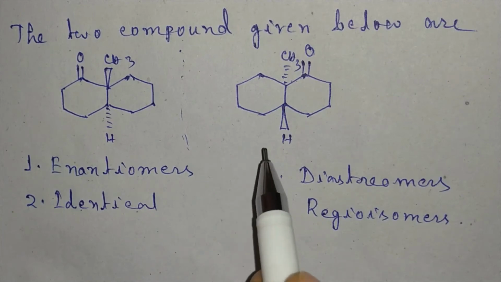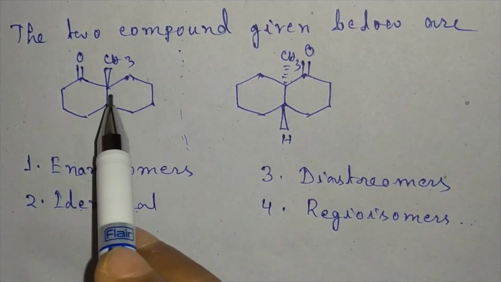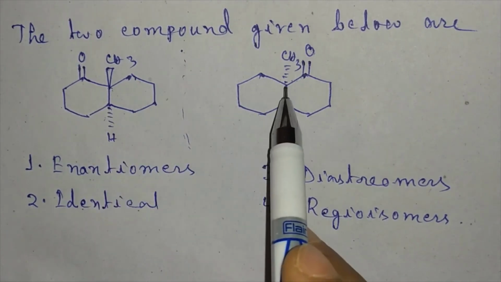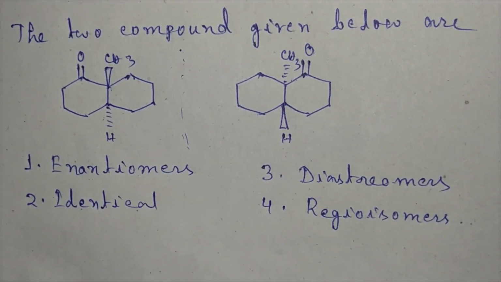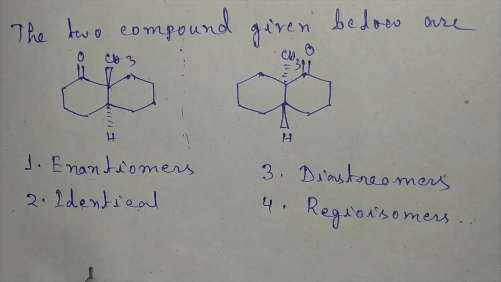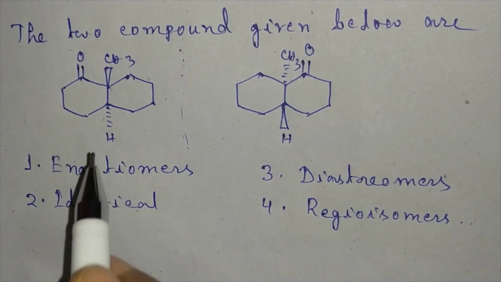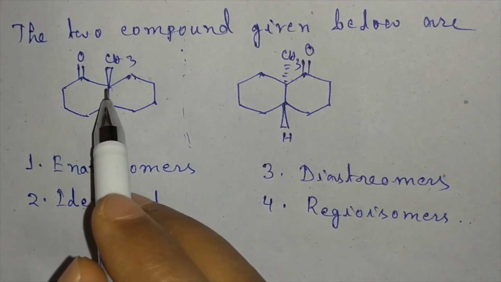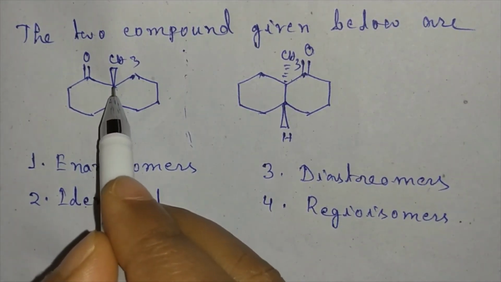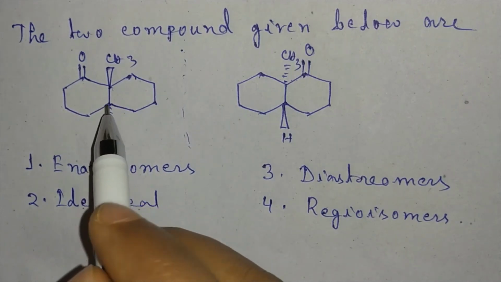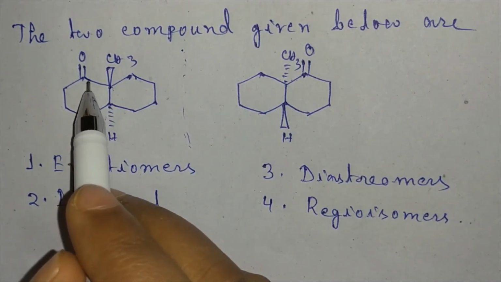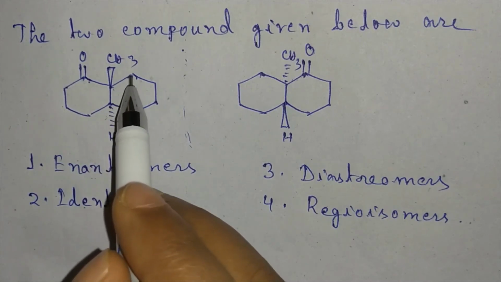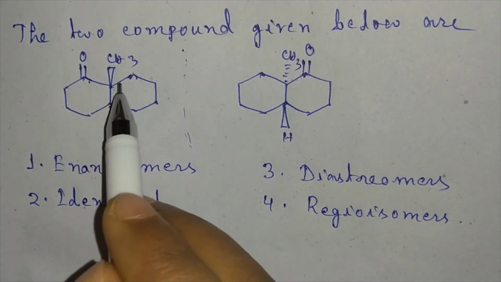It can be confirmed if we determine the configuration of these two stereogenic centers in these two compounds. Let's say this one, we can see here that this is 1, this is 2, this is 3.